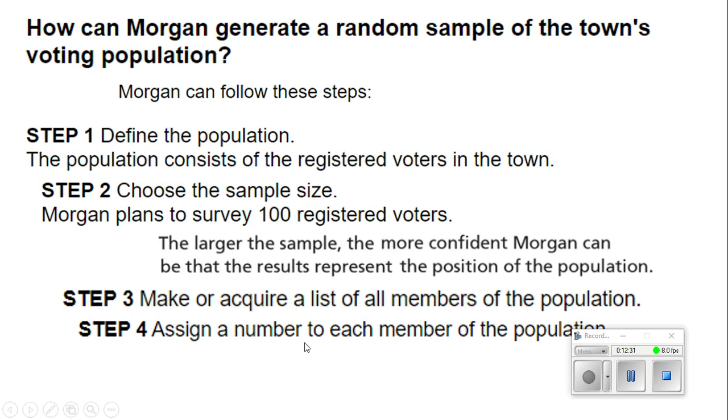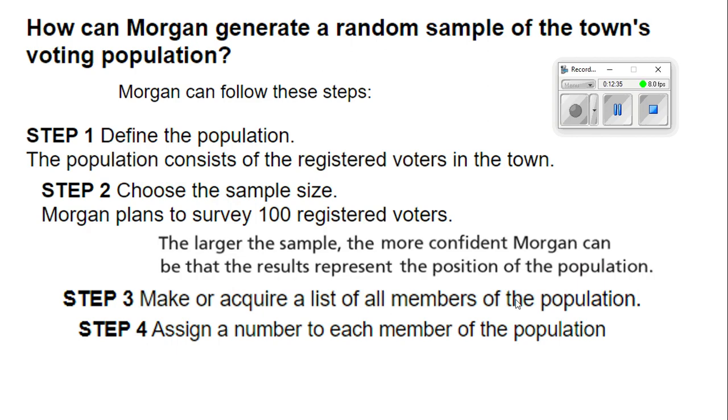Step 4, assign a number to each member of the population. When we do this, it gives everyone an equal chance to be selected into the sample. Just think about how big the area is around Pensacola. Some of the areas are very well off and the people have great resources in their home, but some of the areas are socially, economically challenged and don't have a lot of the resources that others do.